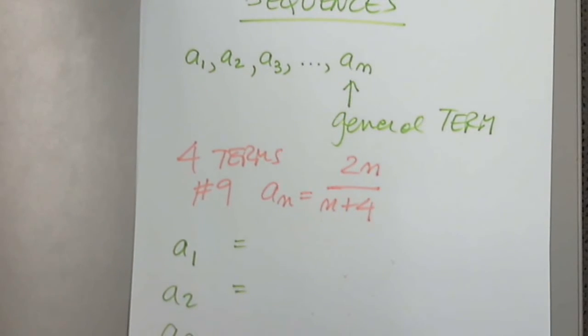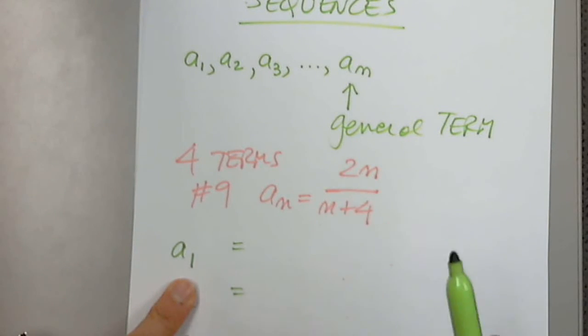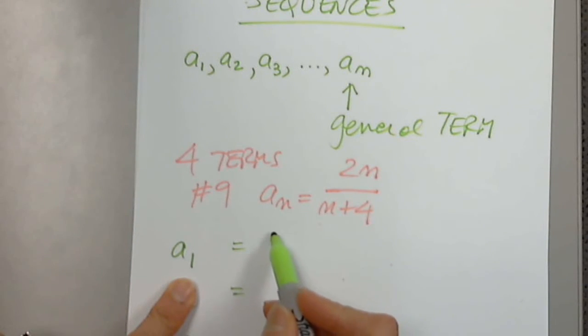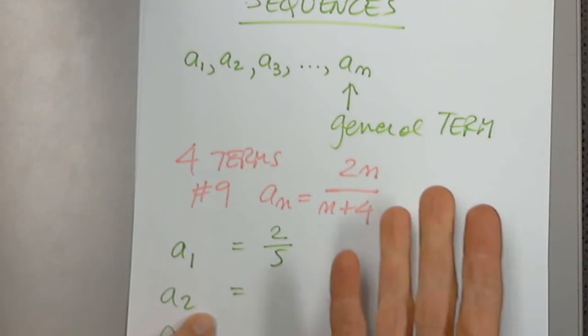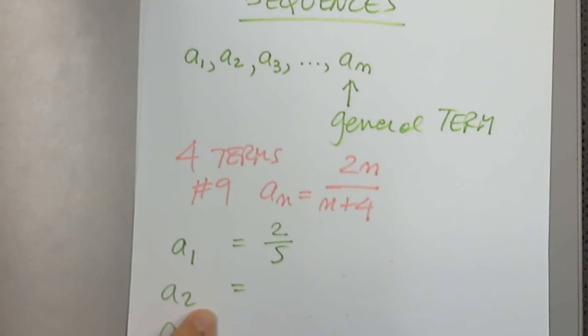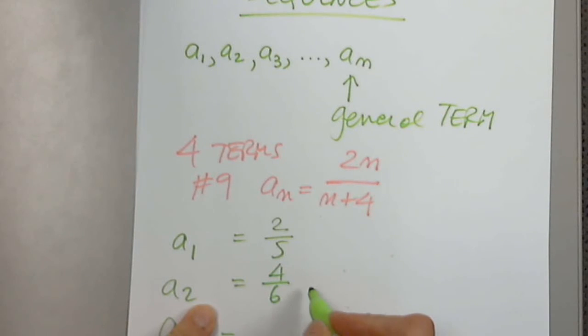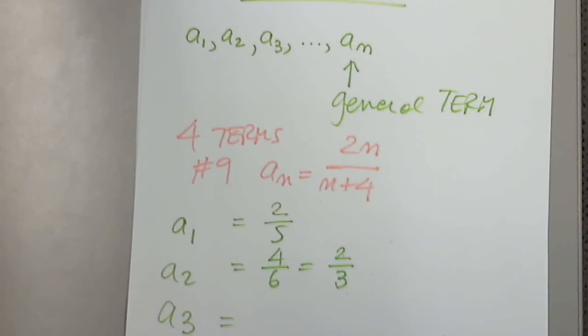Okay, so A1, when n is 1, what would you tell me to write? 2 over 5, that's it. A2, when n is 2, what will you tell me to write? 4 over 6, which is 2/3. Perfect.